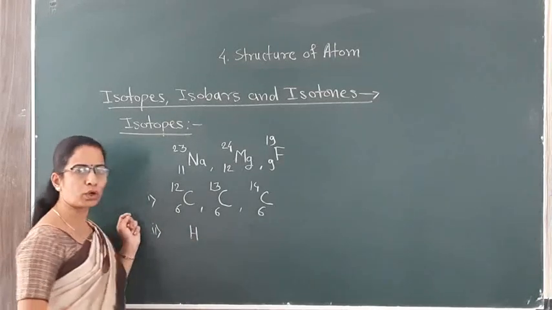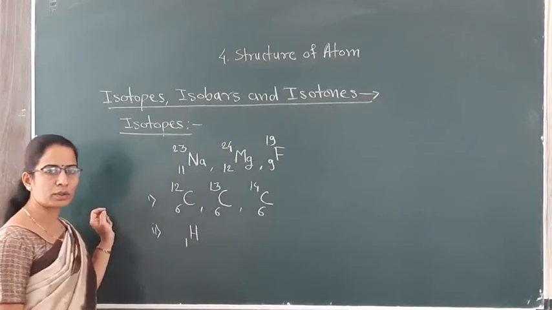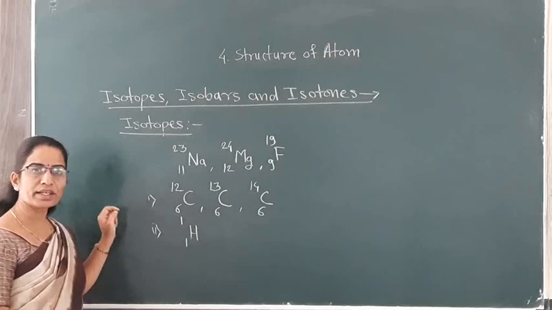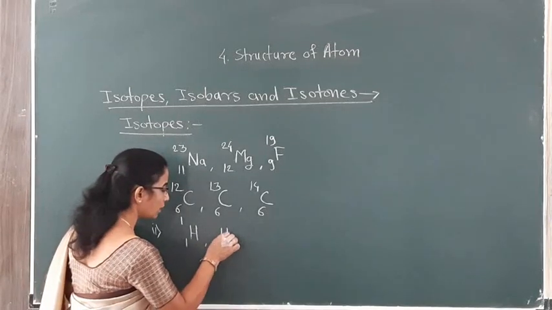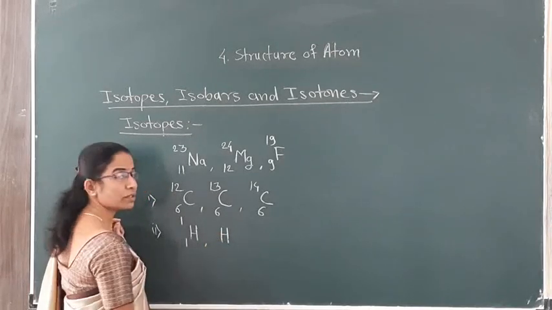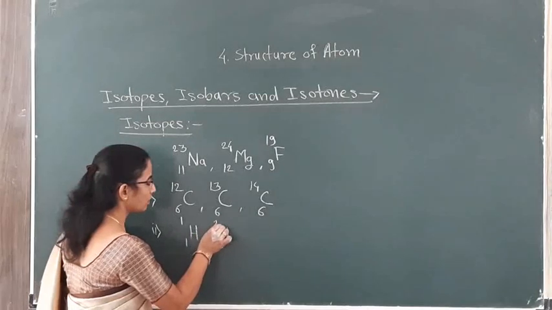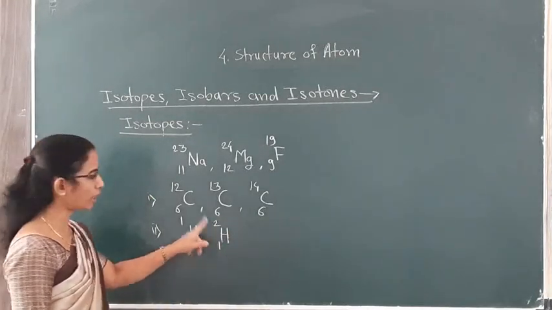Hydrogen, you know the isotopes of hydrogen. We know that the atomic number of hydrogen is 1. Its mass number is also 1. This is one of the hydrogen atoms. But hydrogen atoms also exist as hydrogen 1, 2, means its mass number is here 2.